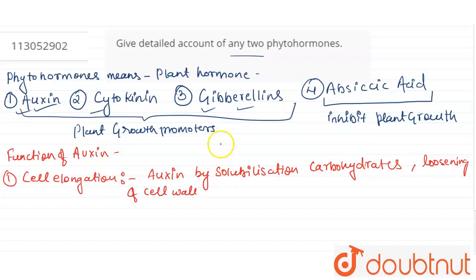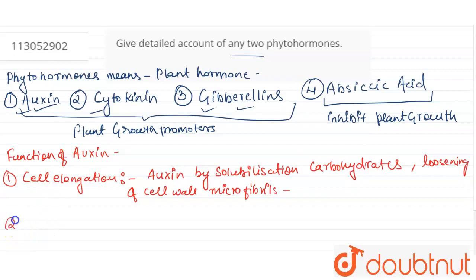Due to this, the cell wall microfibrils loosen, and it promotes the synthesis of new wall material, so that it allows the cells to elongate. As the cell wall is increasing, cell elongation will occur.